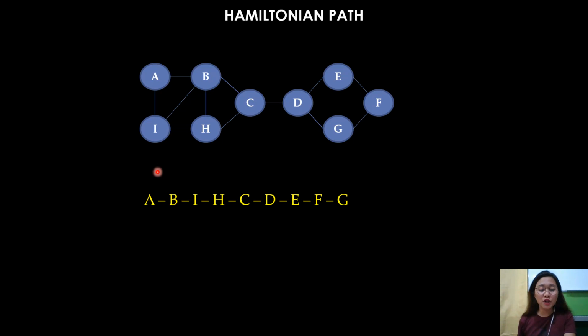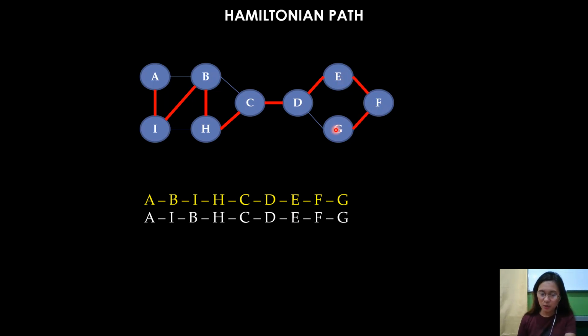We can have another path. We can start at vertex A, going to vertex I, going to vertex B, going to vertex H, going to vertex C, going to D, going to E, going to F, going to G. We can have also another path.